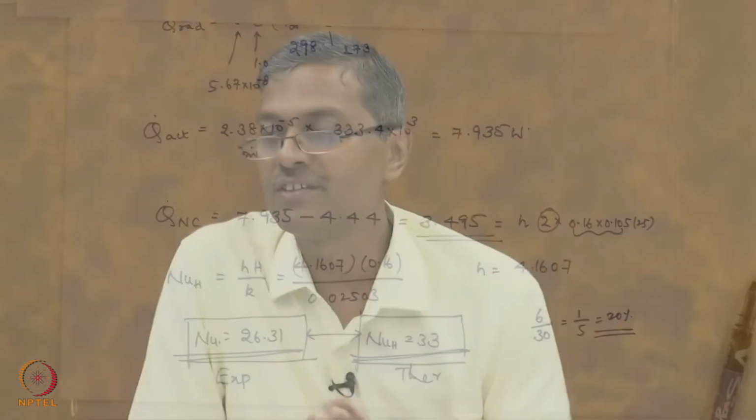Of course there are a lot of uncertainties. There might be some blowing of air or something, so am I maintaining natural convection completely? So some uncertainties would account for this variation.